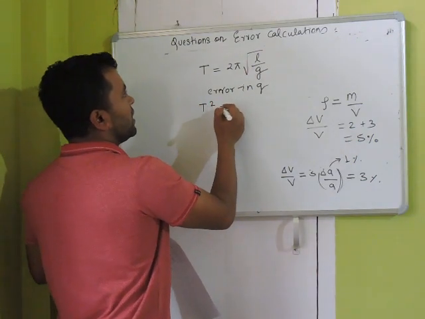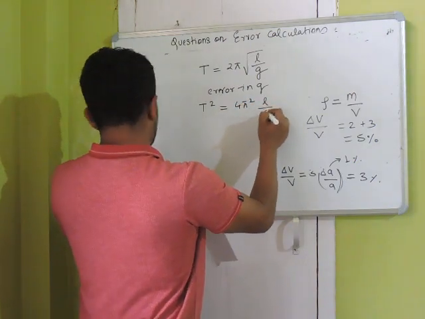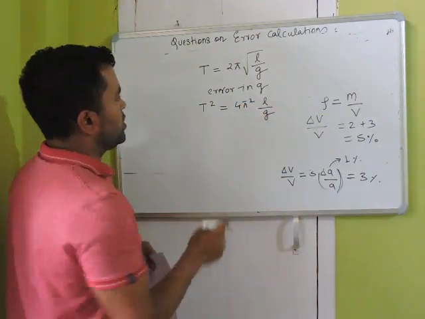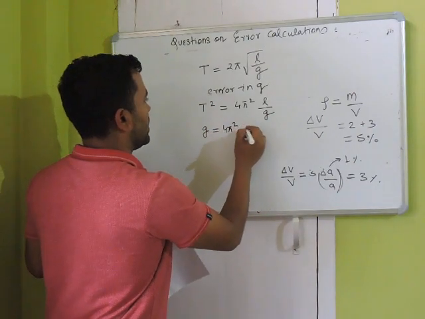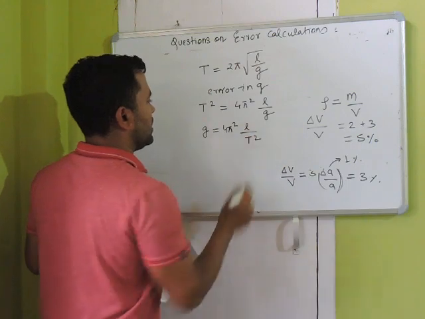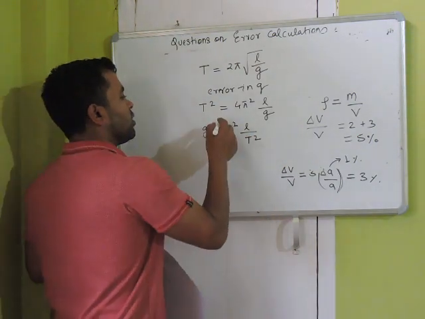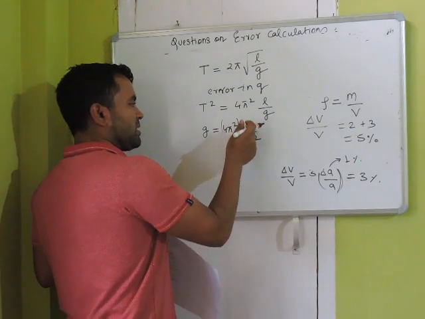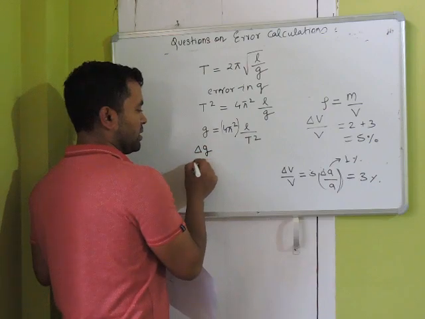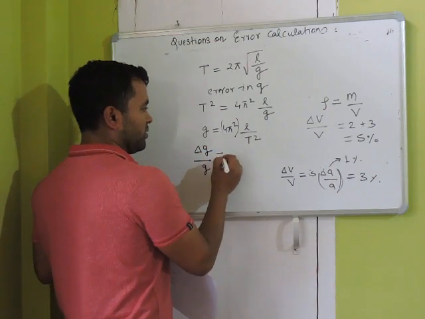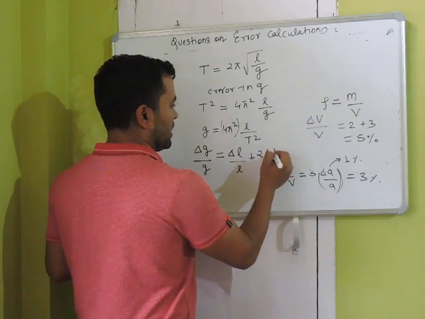This will be T square equals 4 pi square L by G, right? So G can be written as 4 pi square L by T square. Now if I calculate error in G, this constant will not appear, and this is nothing but division, right? So the fractional error in G will be written as delta L by L plus 2 delta T by T.